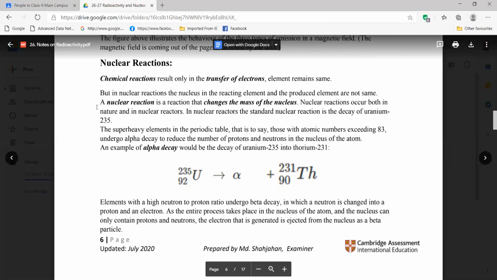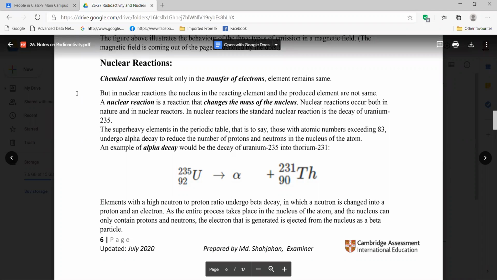What is the difference between chemical and nuclear reactions? Can anybody tell me? Then I can get confidence that you understood. Tell me about the difference between chemical reactions and nuclear reactions.